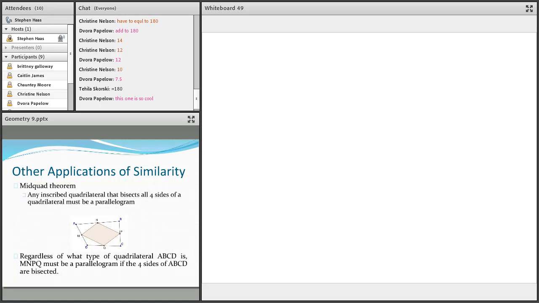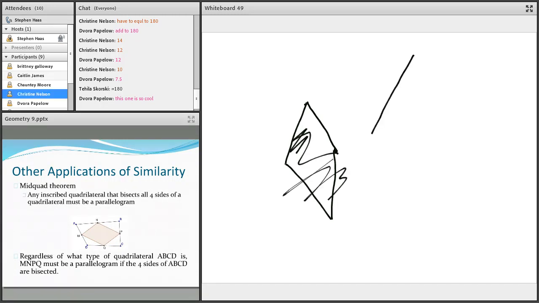So if I draw the weirdest quadrilateral I can draw, okay, that's a really weird quadrilateral. Let me draw another one. Okay, that's a quadrilateral.